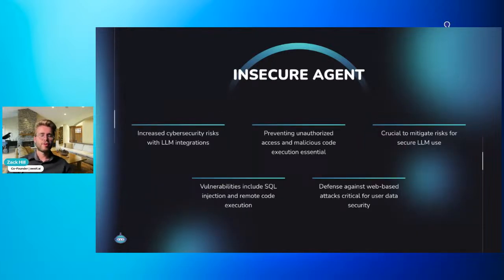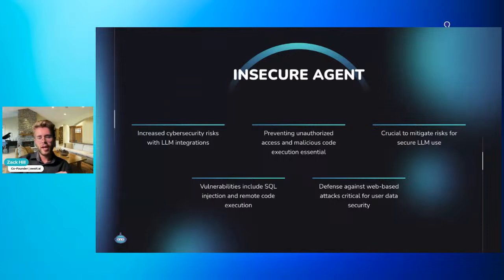So the increasing integration of LLMs with databases, APIs, and code interpreters has heightened the risk of cybersecurity threats, including SQL injection and remote code execution. So these developments open up new vulnerabilities that must be swiftly identified and addressed.